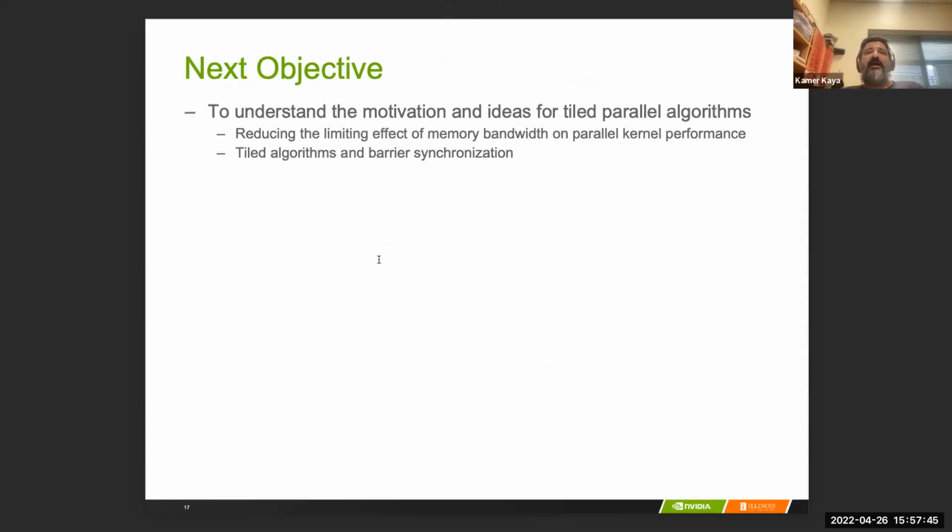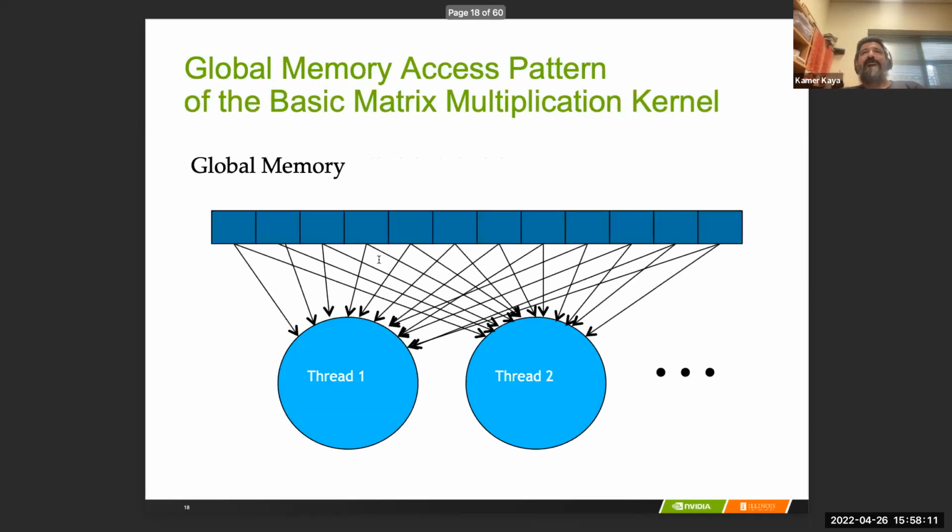So tiling is important especially for two-dimensional, three-dimensional data, okay? Even for one-dimensional data like stencil computations, you can have tiling by bringing some data to shared memory first and accessing it again through shared memory. So what does it mean? Take the global memory access pattern of the basic matrix multiplication kernel.